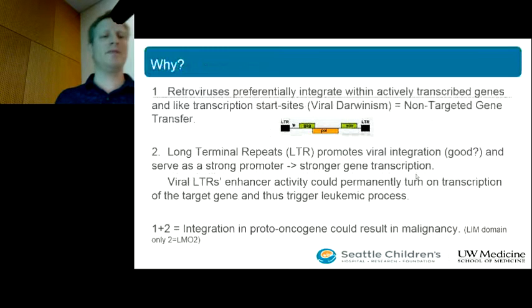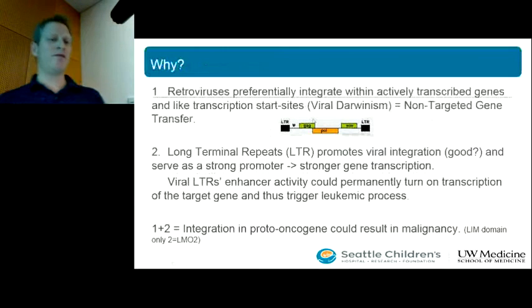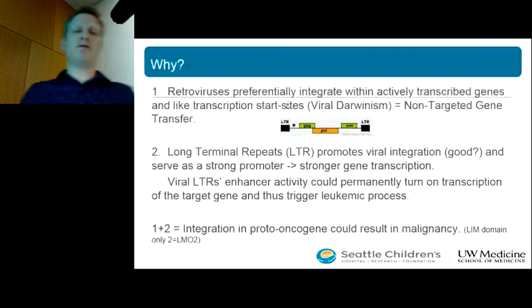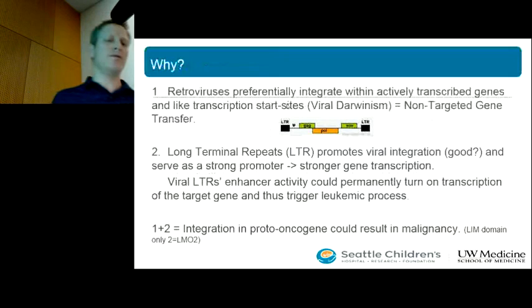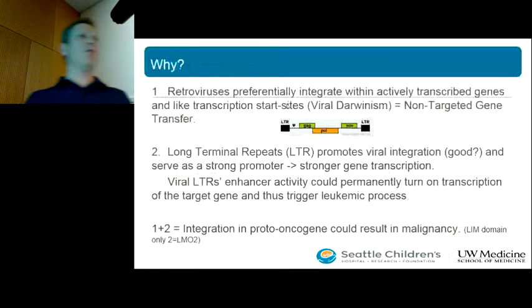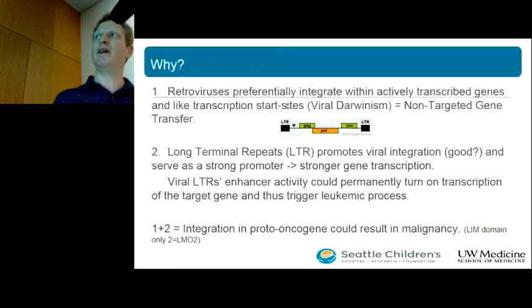Why does it happen? Because this is something that retroviruses know how to do. That's their whole purpose. The virus wants the advantage of proliferating and spreading itself. So retroviruses especially like open reading frames, or they like to incorporate inside active transcription sites. They don't just incorporate in different areas of the DNA. They want to get integrated into very active sites so they can replicate themselves.